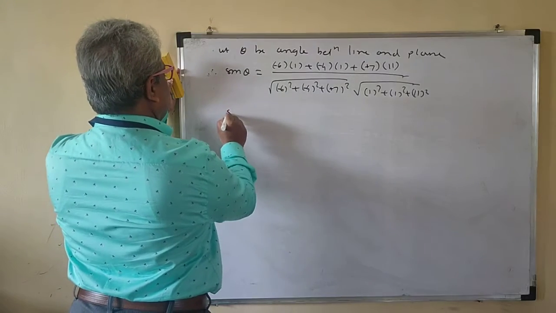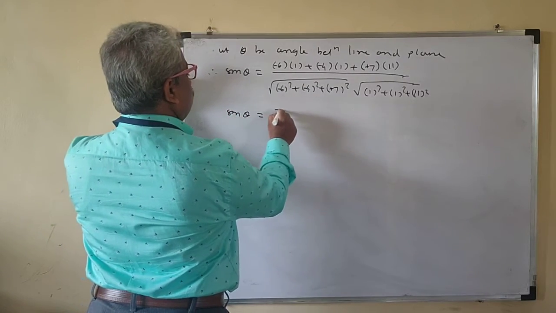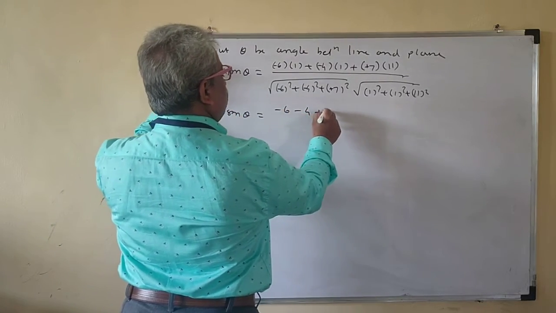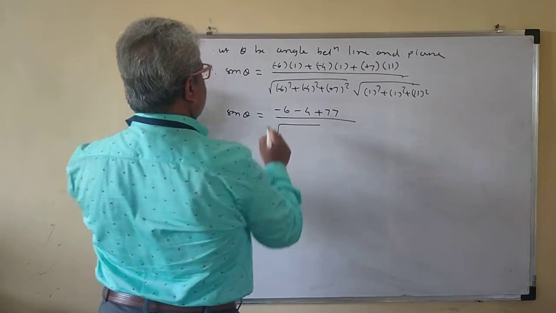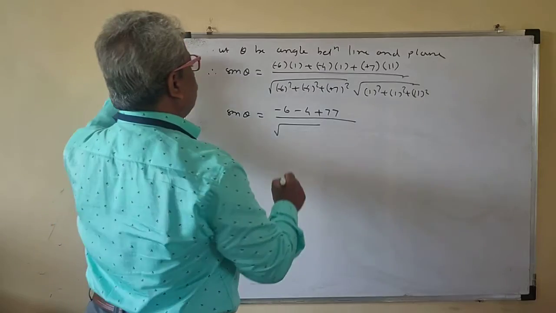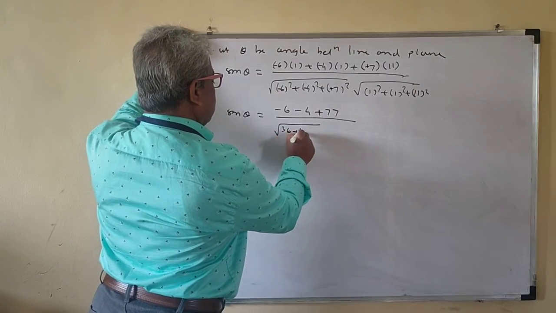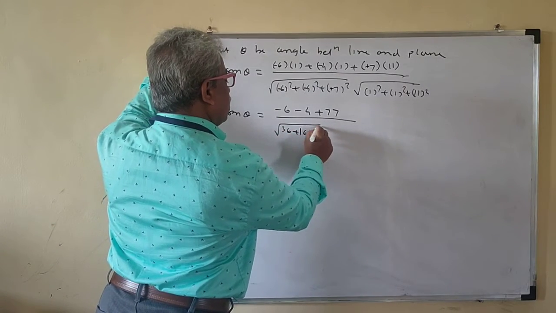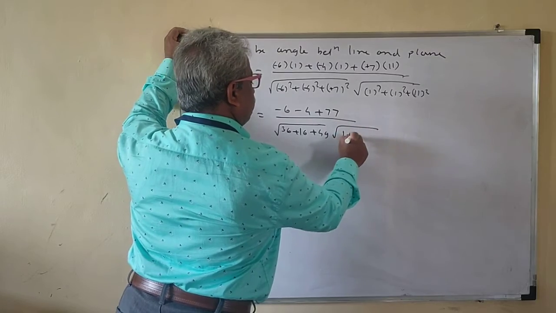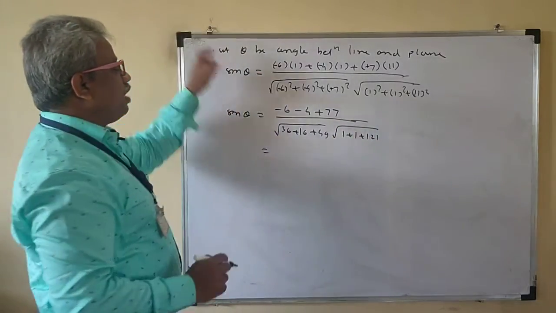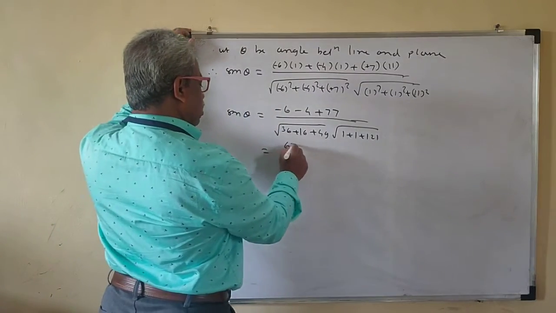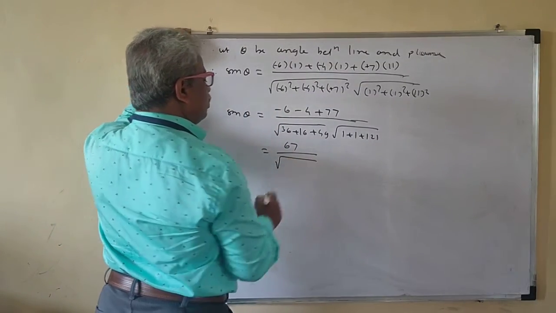So sin theta is equal to minus 6 minus 4 plus 77 upon root of 36 plus 16 plus 49, 1 plus 1 plus 121. Now this is minus 10, so 67 upon root of 101 into 123.